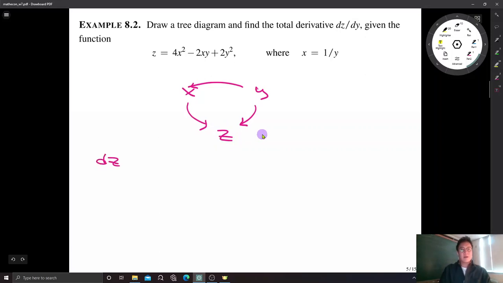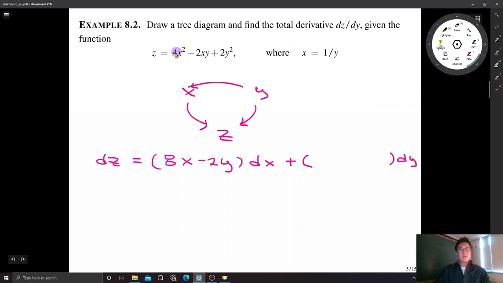So let me first find dz. The total differential for z is 8x minus 2y times dx, right? 4x squared becomes 8x, and for 2xy, regarding y as a constant, I obtain 2y, and 2y squared is a constant, so that goes away. And then the partial with respect to y times dy.